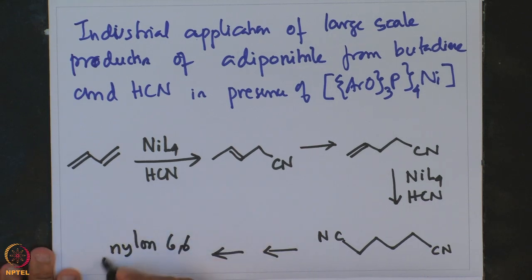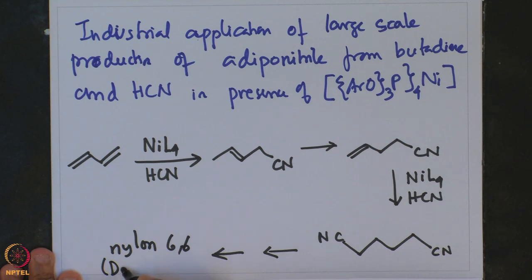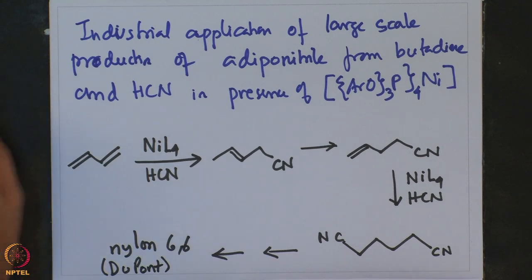This was a process discovered at DuPont. DuPont has a rich history of discovering a lot of organometallic catalysts, and this is one such example where it uses a nickel catalyzed organometallic reaction to produce something which has large scale utility as fabric materials for various purposes.